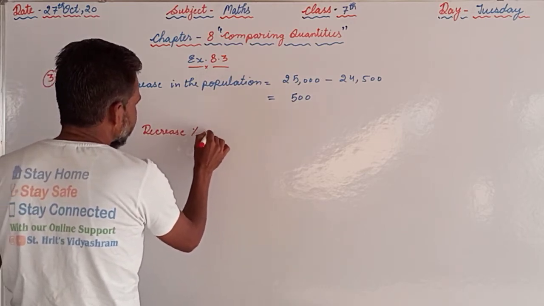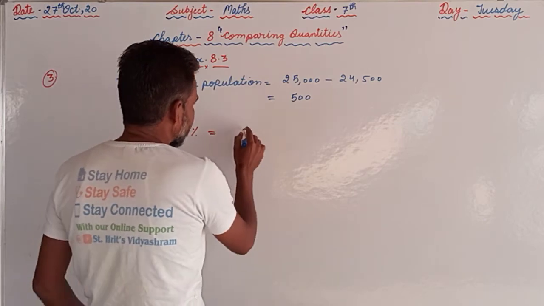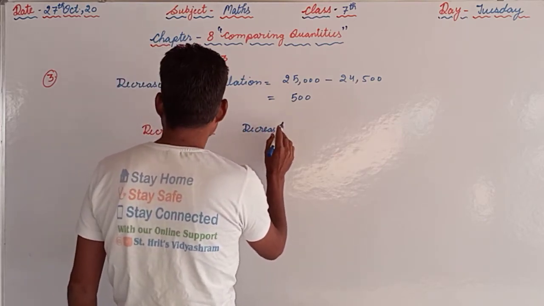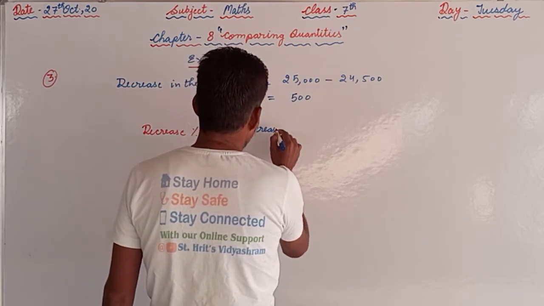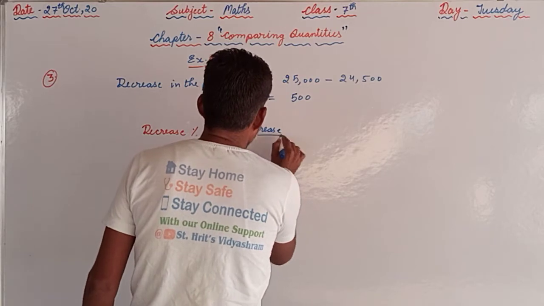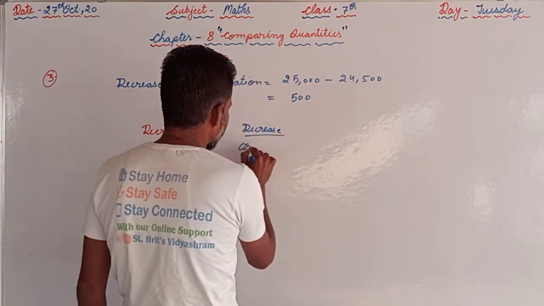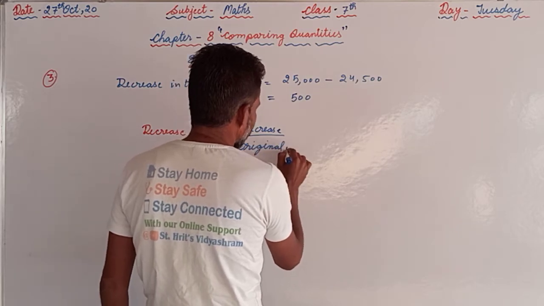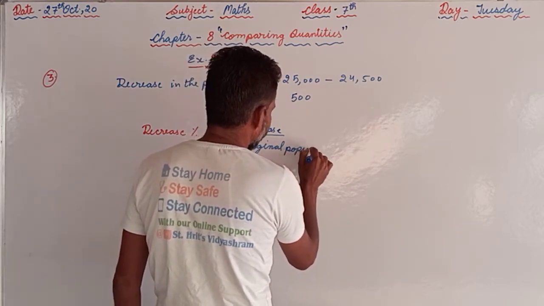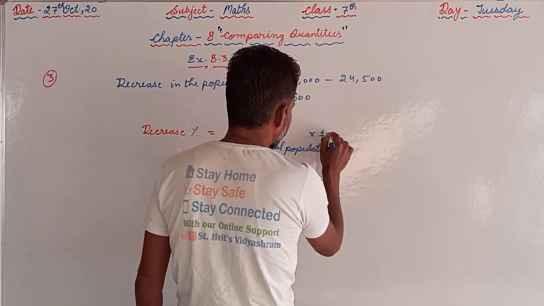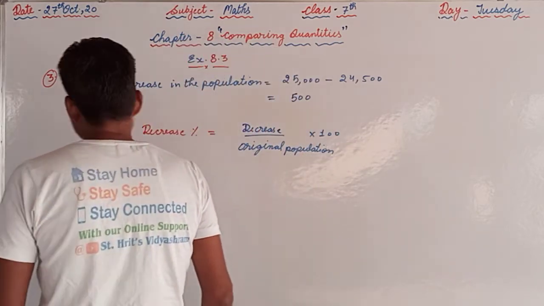Decrease percent is equal to the decrease upon original population into 100 for the percentage.